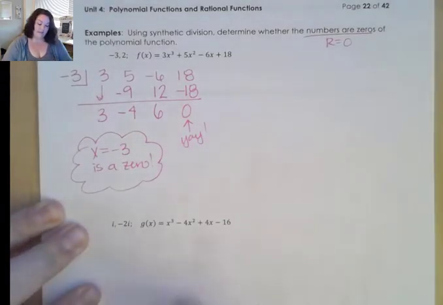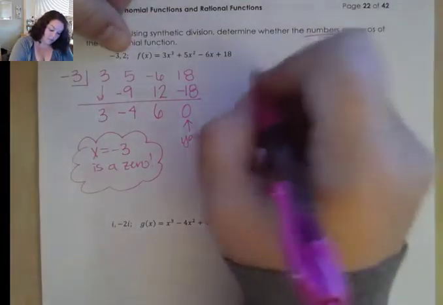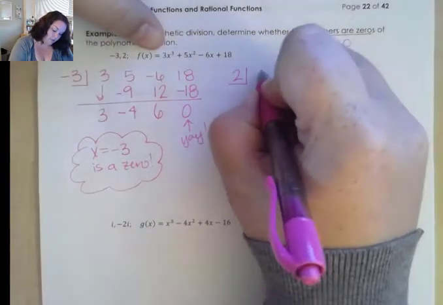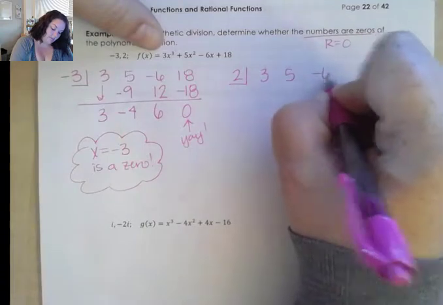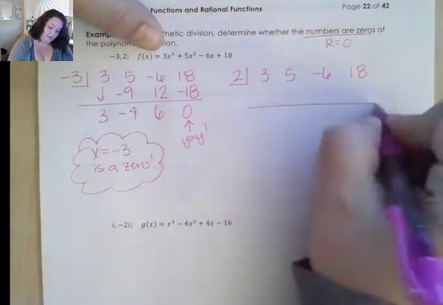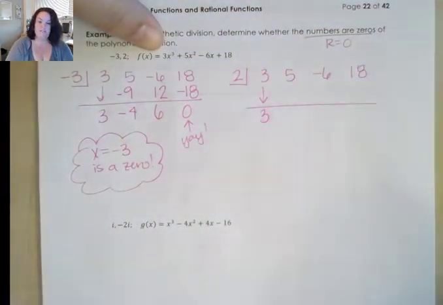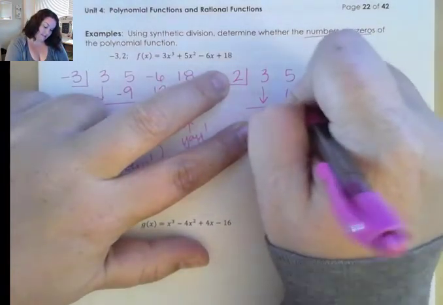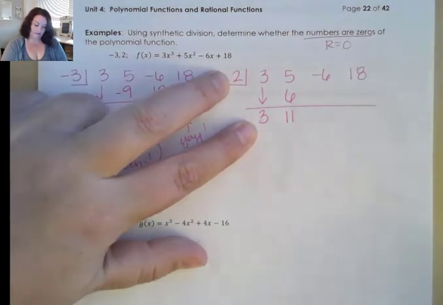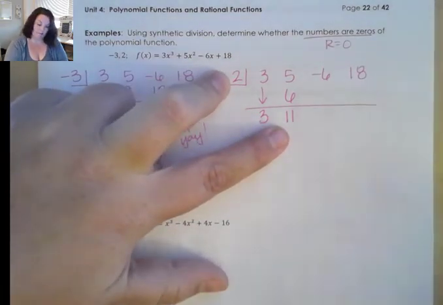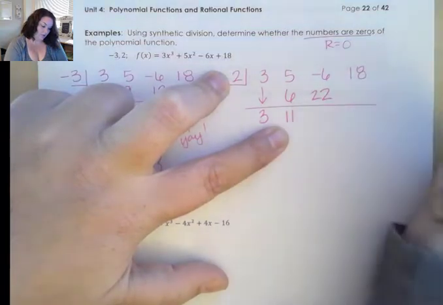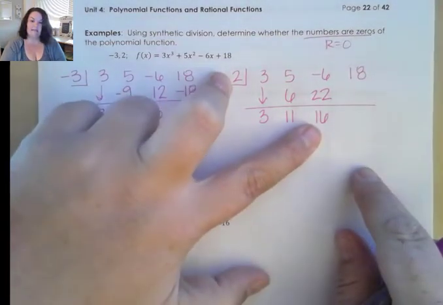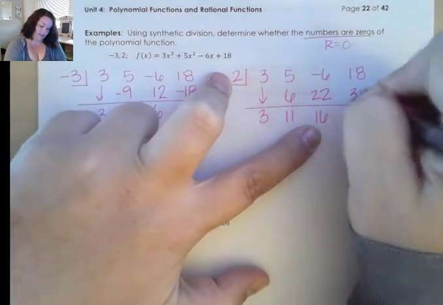Now let's check 2, because they wanted us to check 2 also. So we put 2 in our box, write out all our coefficients, which are 3, 5, -6, and 18. We bring down our first number, which is a 3. 3 times the 2 in my box gives me a 6, which combines to 11. 11 times the 2 in my box is 22, which combines down to a +16. 16 times the 2 in my box is 32.